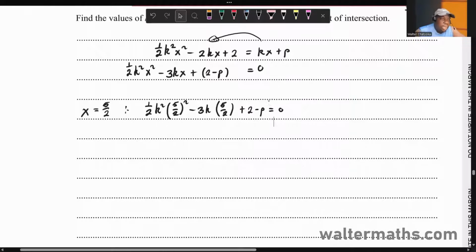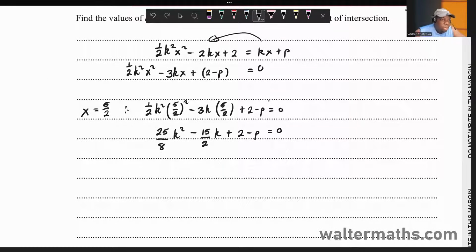All right. Now, this is 25/4 times a half. So that's 25/8 of k squared. And that's minus 15/2 of k. And that's plus 2 minus p being equal to 0.